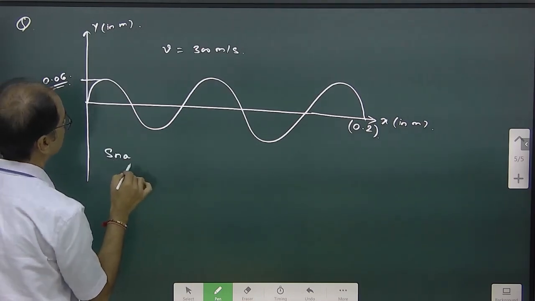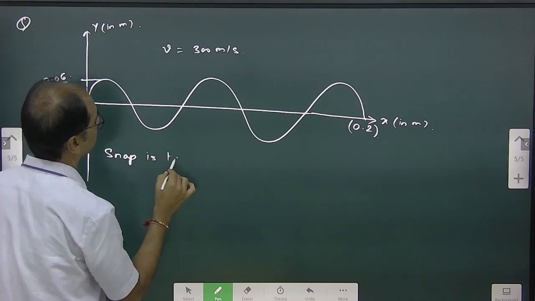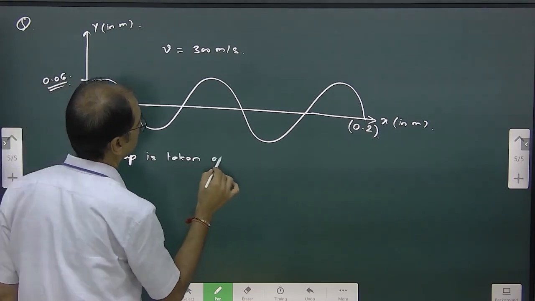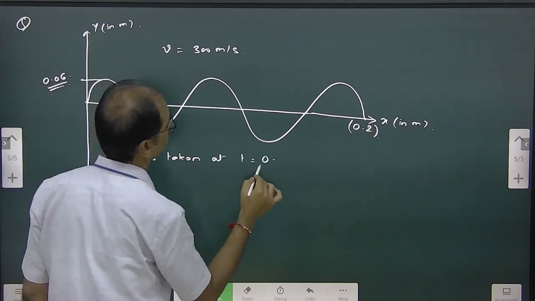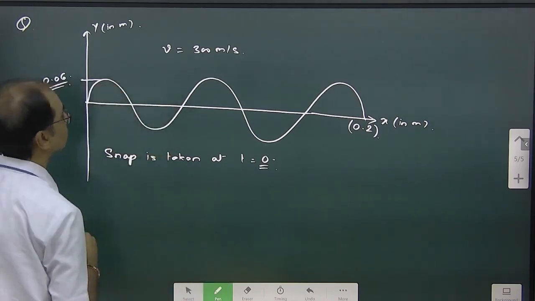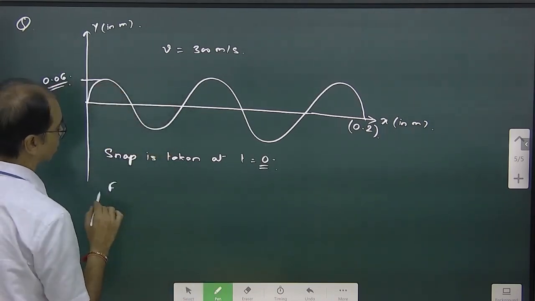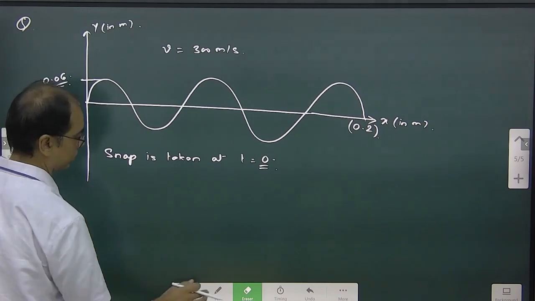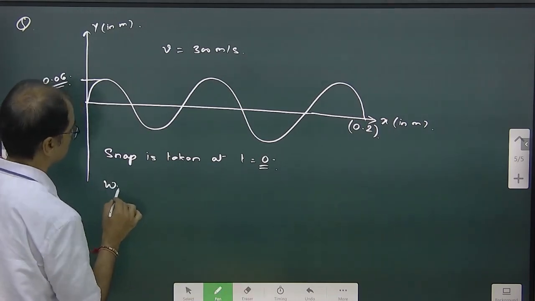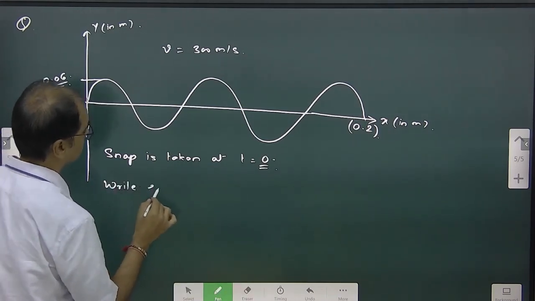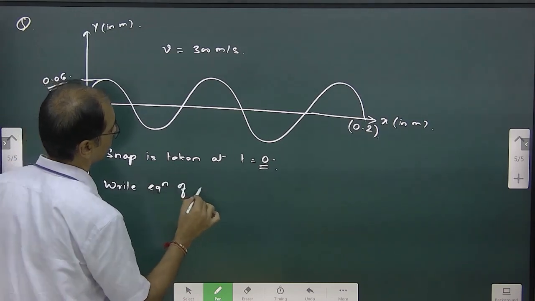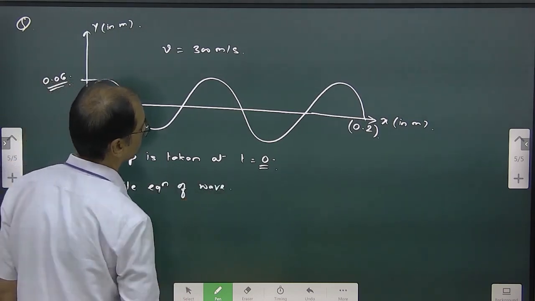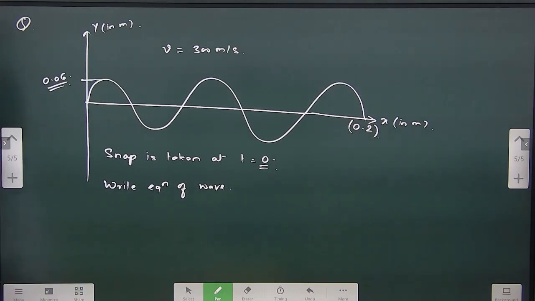Snap is taken at t equal to 0. Okay, write the equation of the wave.